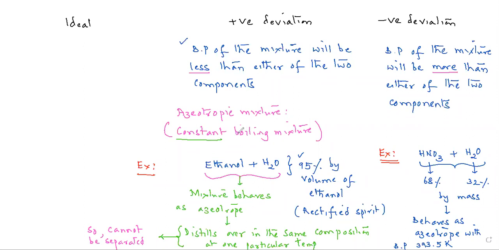So that is a speciality of azeotropic mixtures, are constant boiling mixtures. Okay. So this is very interesting. Either they'll have a boiling point less than either of the two components or greater than either of the two components.